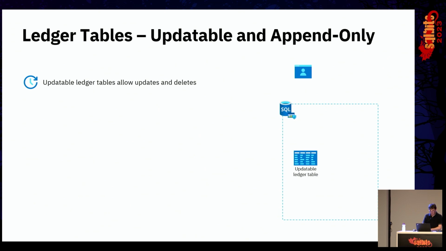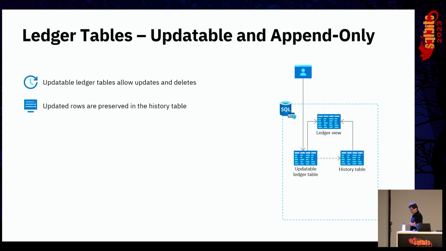There are two kinds of ledger tables, updatable and append-only. With an updatable ledger table, you can run normal queries: insert, update, delete. And under the covers, when a transaction makes a change to a row in an updatable ledger table, the historical version of this row is recorded in a history table.